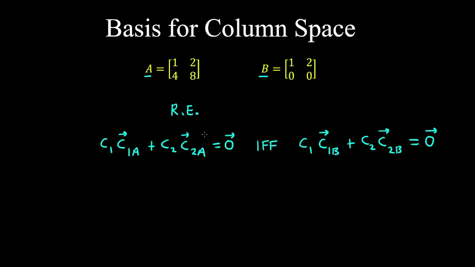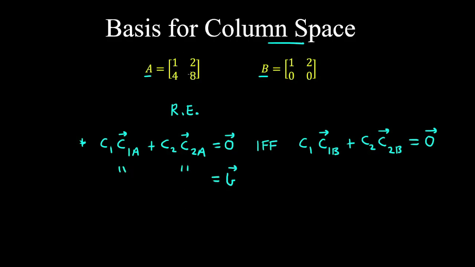So remember that a basis means that the column vectors are linearly independent, and any vector in the column space can be written as a linear combination of these column vectors.